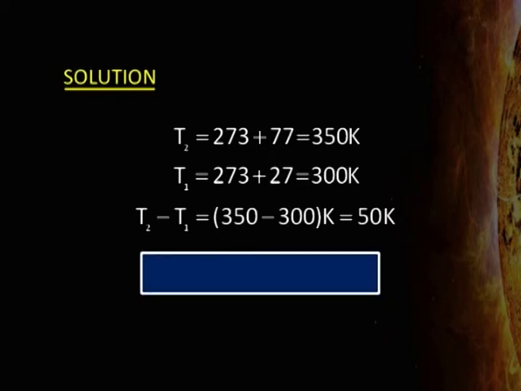Now, we have to use the equation delta H2 minus delta H1 equal to delta Cp multiplied by T2 minus T1.